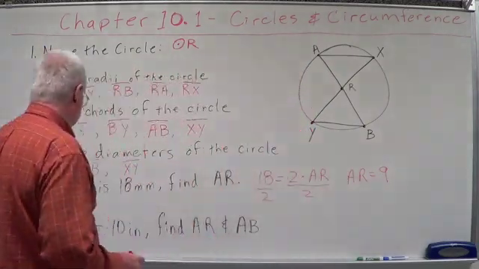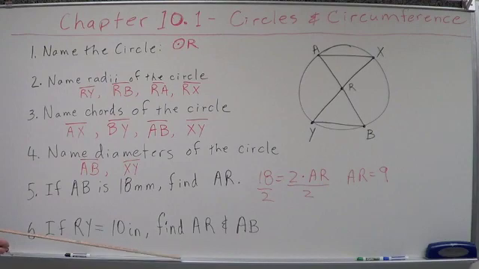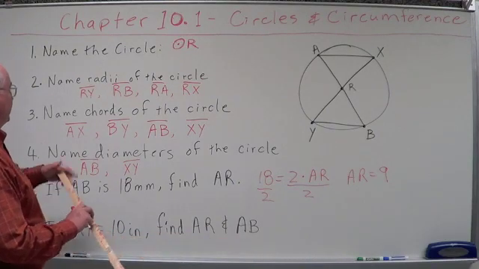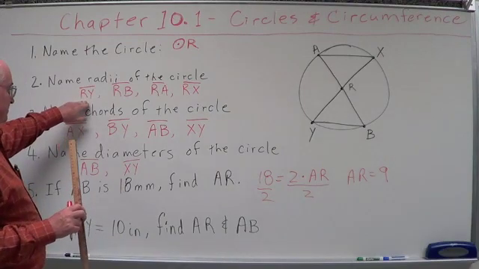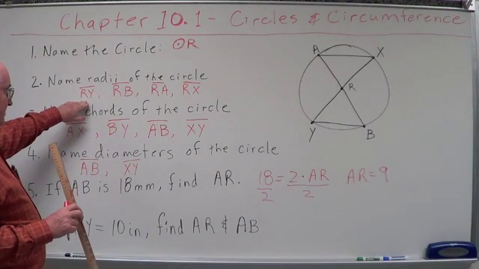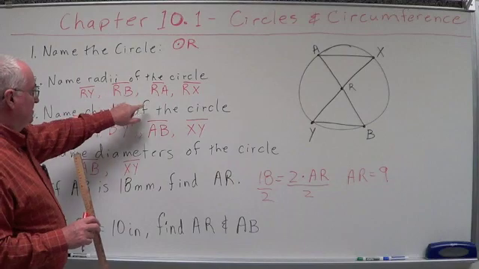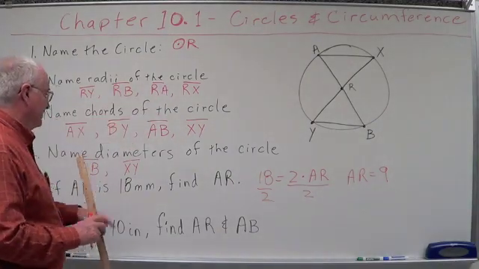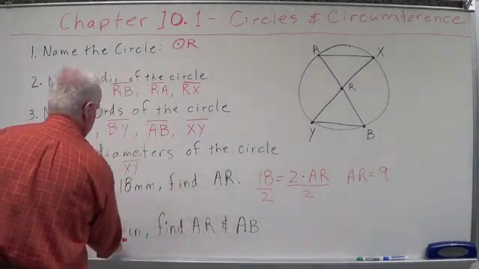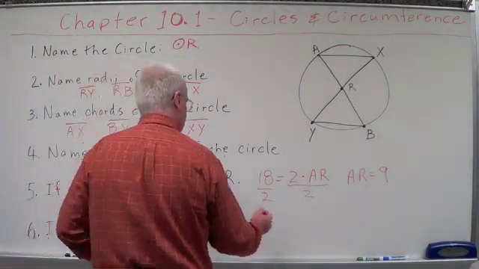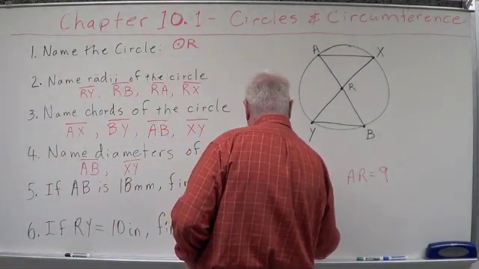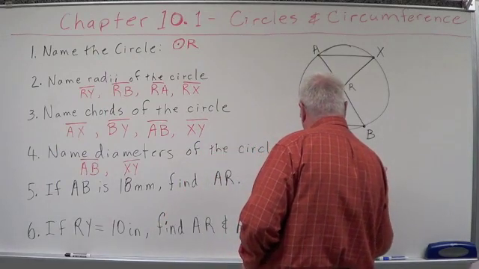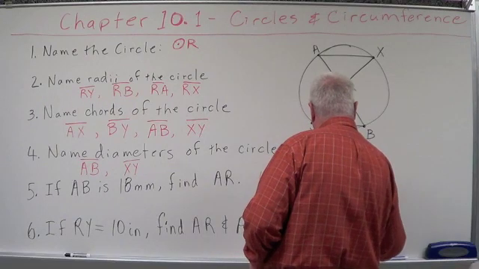Now, if RY equals 10, find AR and AB. Well, we know that RY is a radius, and RA is a radius. So those two would have to be the same. So RY equals AR equals 10.